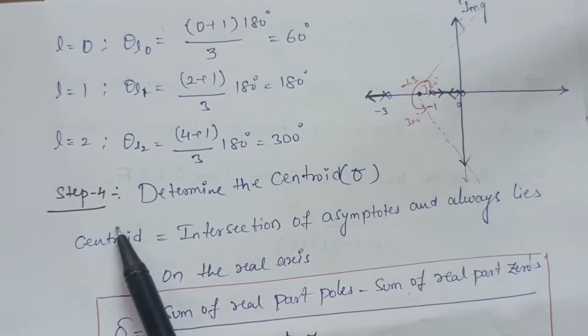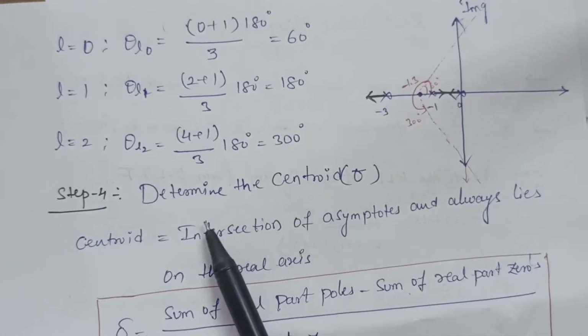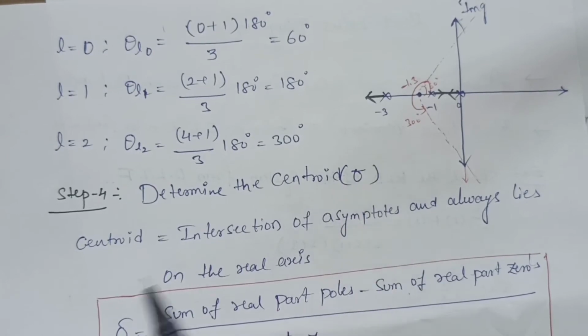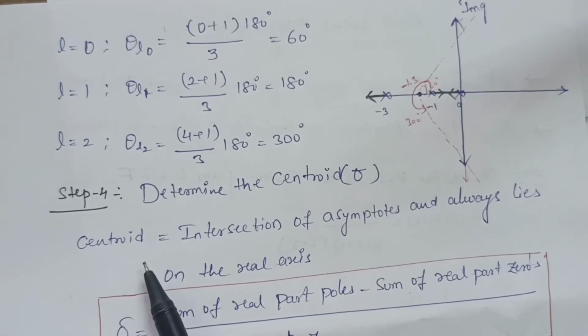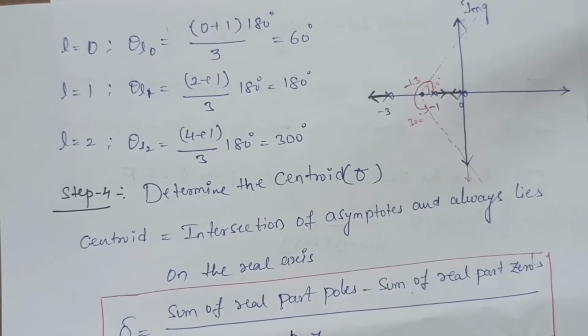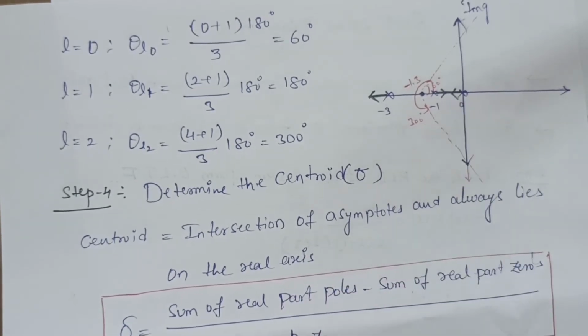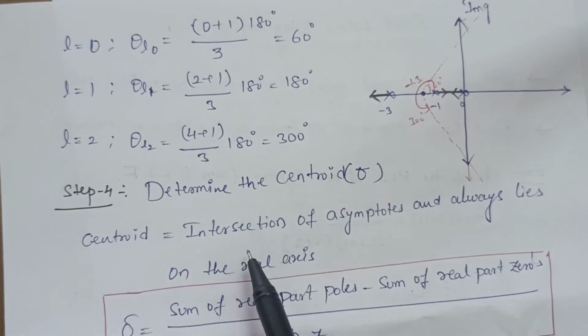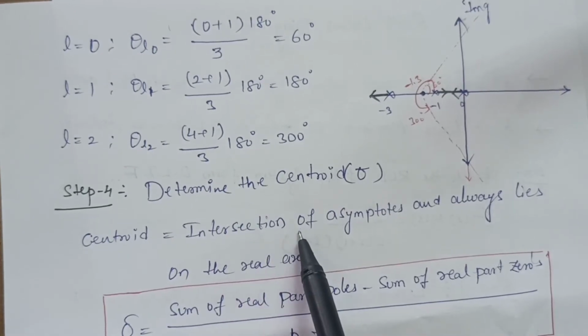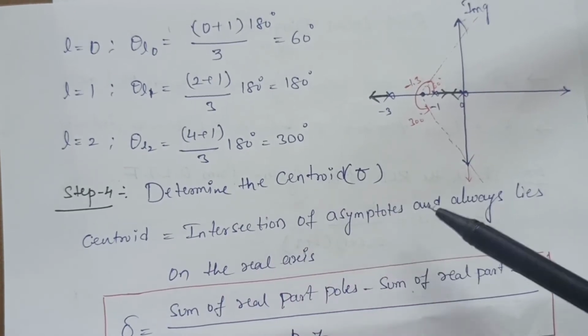Now coming to the centroid. Determine the centroid, denoted by sigma. What is the centroid first? It is the intersection point of the asymptotes on the real axis.